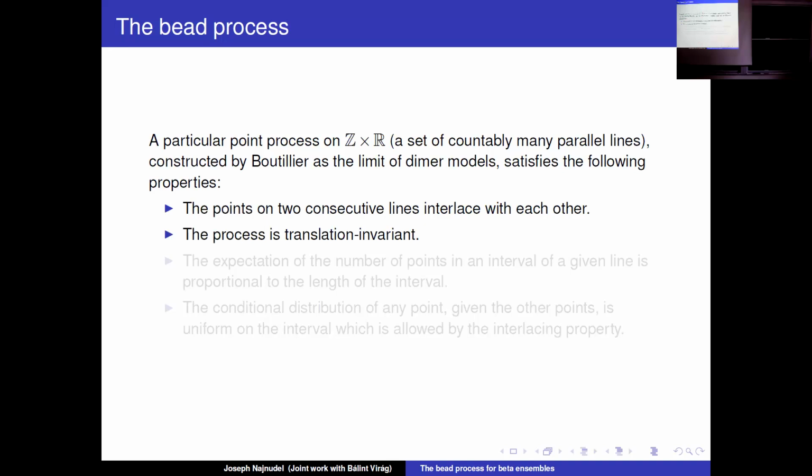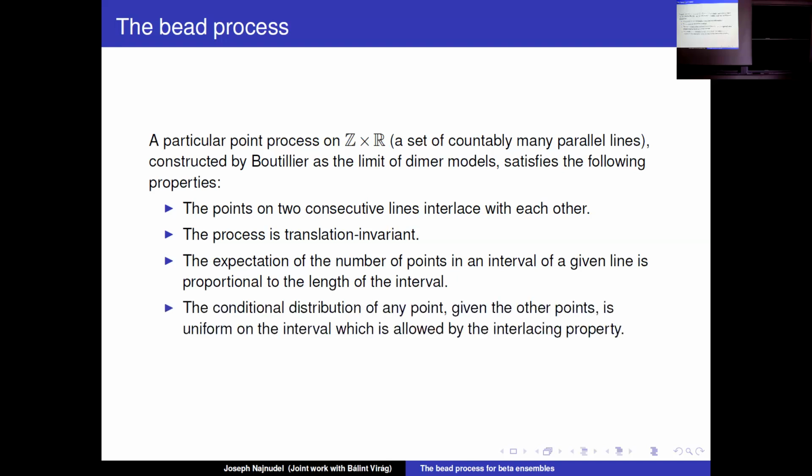The process is translation invariant in distribution in both directions, and the expectation of the number of points in an interval is proportional to the length of the interval. So there is a homogeneity. And the conditional distribution of any point given the other points is uniform on the interval which is allowed by the interlacing property.